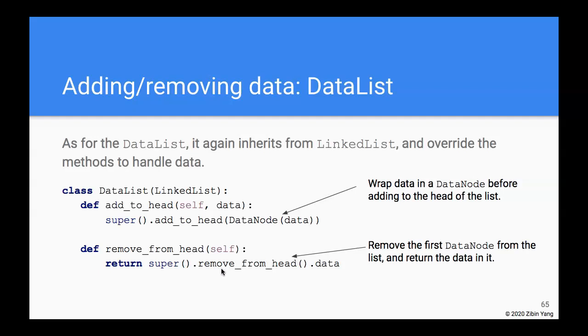That should be a data node that we added previously. And from there, we would extract the data attribute and return that from this method. So these two methods, each of them is just one line. And again, they manage data: they add data and they return data, instead of adding a node and returning a node.